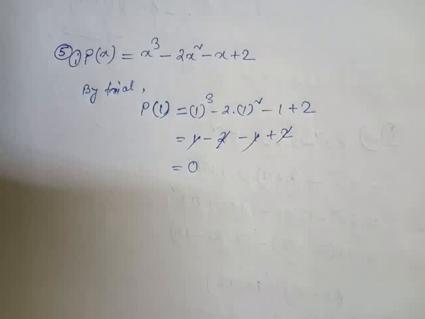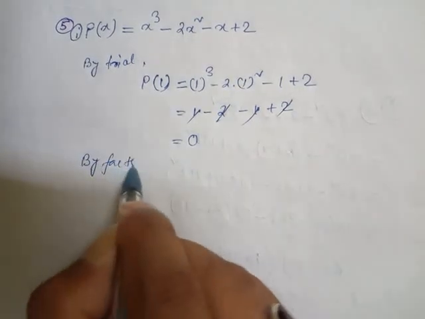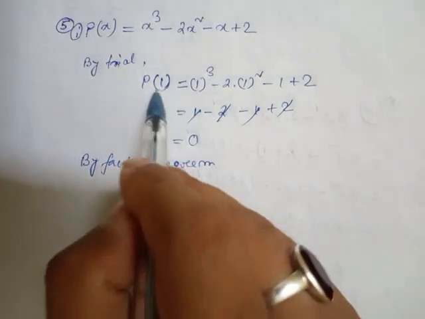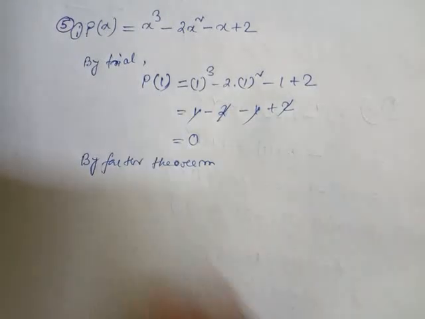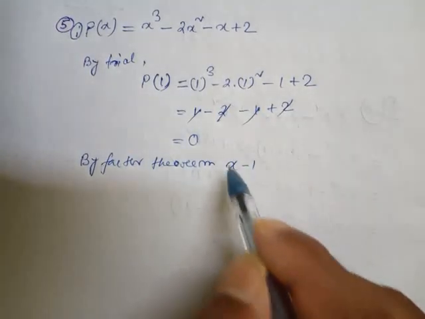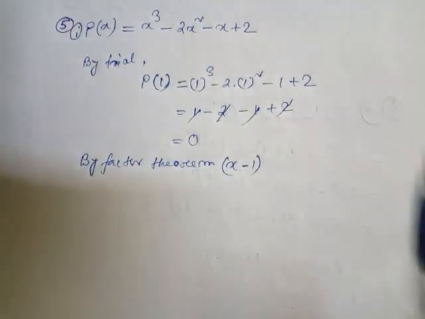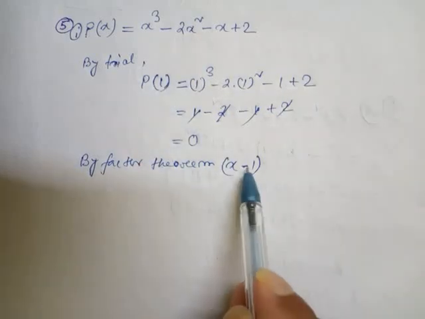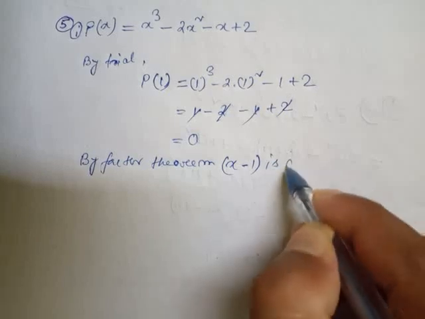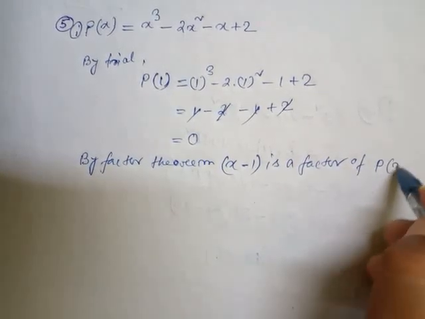So we can say, students, that by the factor theorem, there is 1 only, so x minus 1. Look students, don't get confused. If there is plus 1, then I will write minus 1. If there is minus 1, I will write plus 1. So x minus 1 is a factor of p(x).